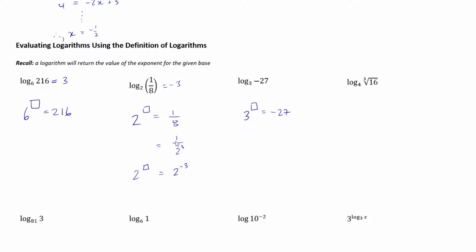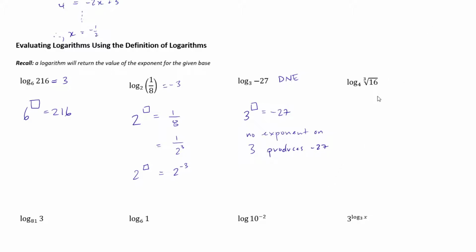It might give you a fraction, but it will always produce a positive number. So therefore, this does not exist. There is no exponent on 3 that would cause you to get negative 27. So we can write that out: no exponent on 3 produces negative 27.